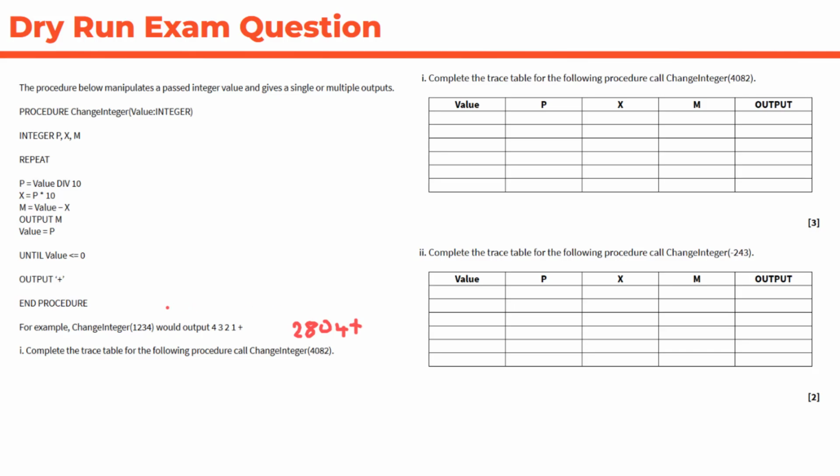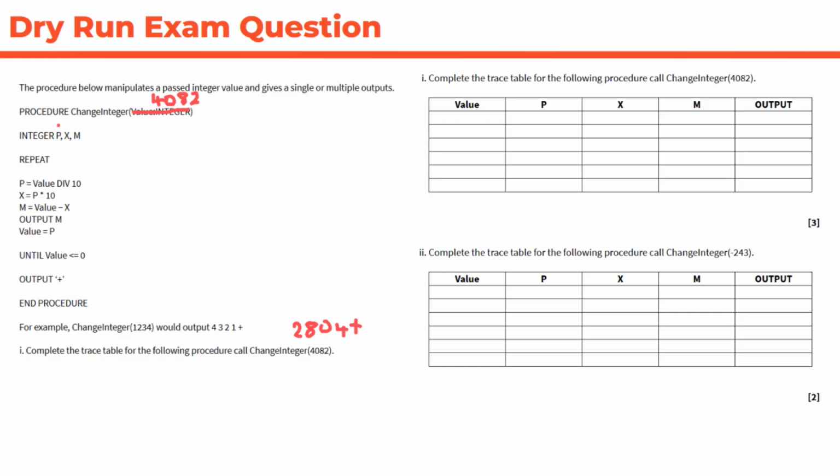Now, in your trace table, any changes that go in here are added, but only if changes happen. So I would start by taking a pencil to my exam, and replacing the value with 4, 0, 8, and 2. Remember, there are no calculators in the exam, so the calculations can't be that difficult.